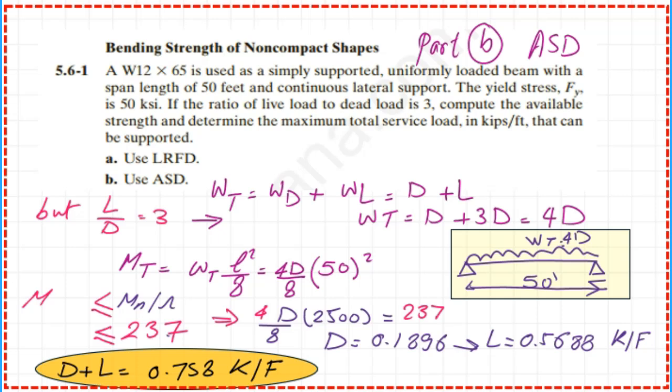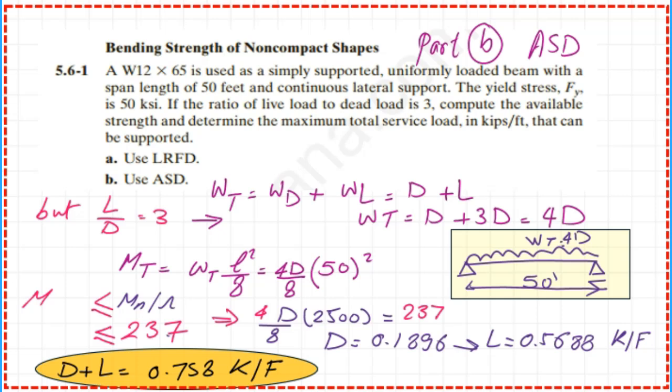On the last slide, the W total, because we are designing according to the ASD, equals W dead plus W live. The dead plus live equals capital D plus 3D equals 4D. We are going to represent the beam as a simply supported beam with a total W equal to 4D. The span is 50 feet.